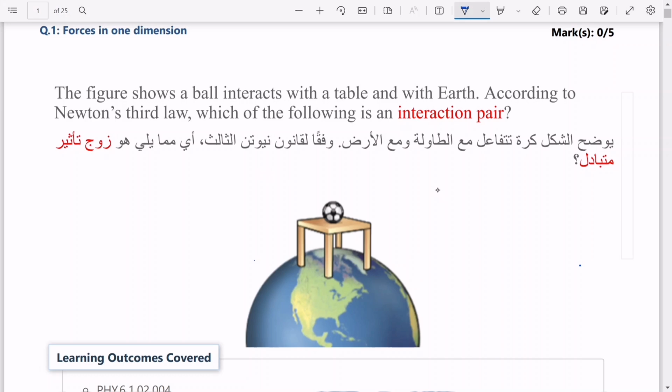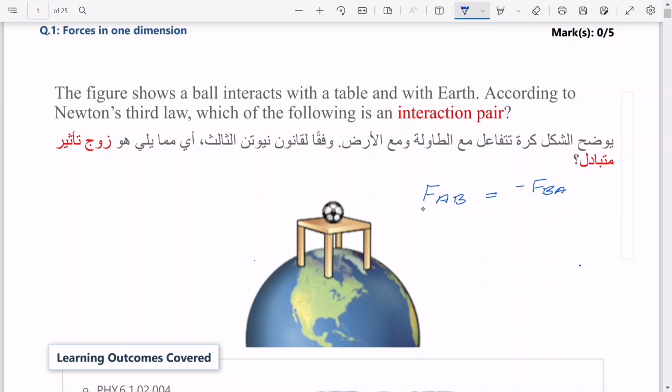So Newton's third law states that force AB is equal to minus force BA. Here the subscript represents the agent and the system. If AB represents the force applied by object A on B, that will be equal to the force applied by B on A in the opposite direction.